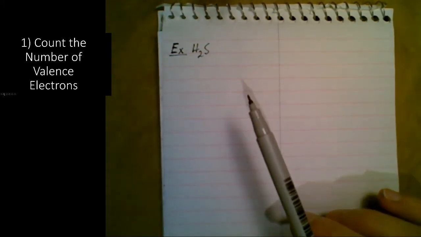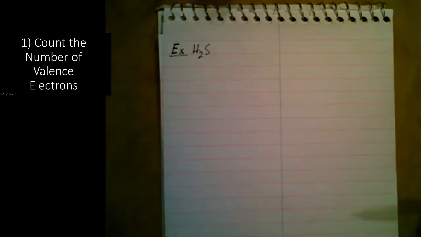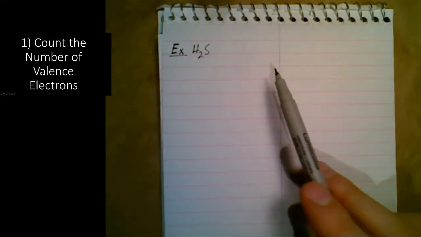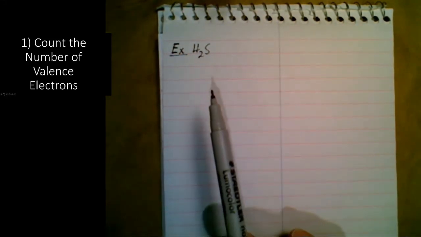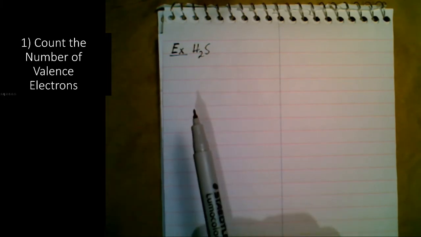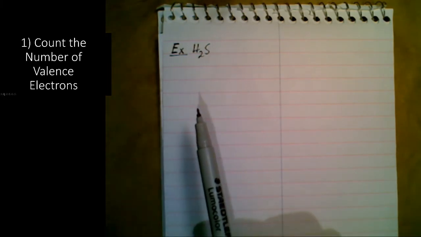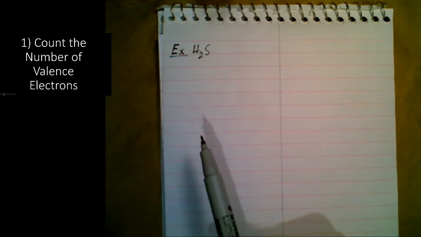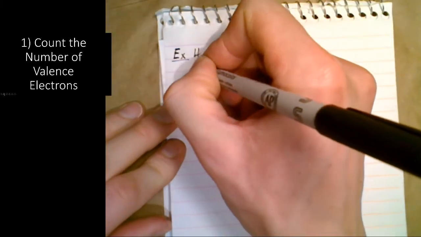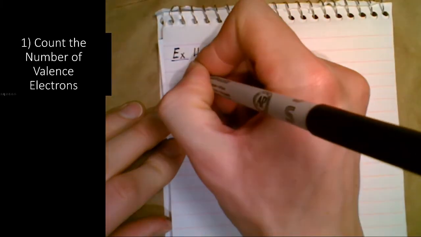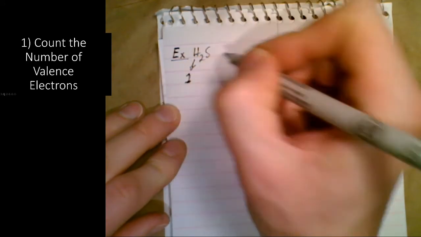I'm actually going to show you 2 methods that you can use to do this. So on this side, I'm going to do what we've been doing up in the corner. On this side over here, I'm going to show you a slightly different method that I like. I actually think it's really helpful and it works every time as well. So what we can do is same thing, count up our number of valence electrons.